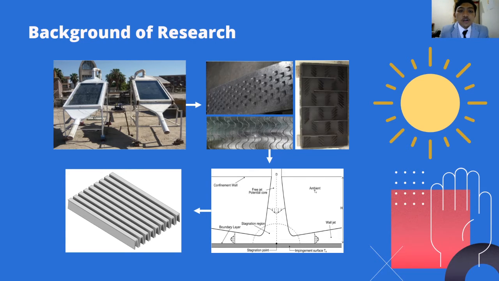Then there are other ways to improve the performance of SAH apart from adding and modifying the absorber plate material, namely by providing holes or gaps, namely jet impingement. Jet impingement flow is a heat transfer method in which the fluid is emitted through a hole or nozzle to a surface or plate that has a temperature difference.